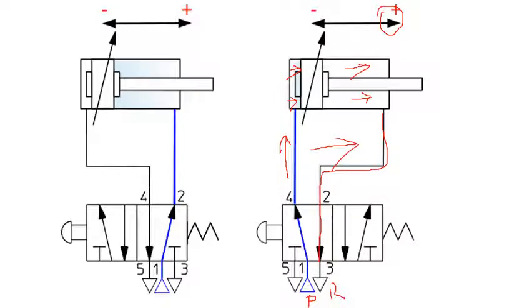And for retraction, see, this valve connects like this. This is the pump, and from the pump it connects to the port like this and acts on the piston like this.